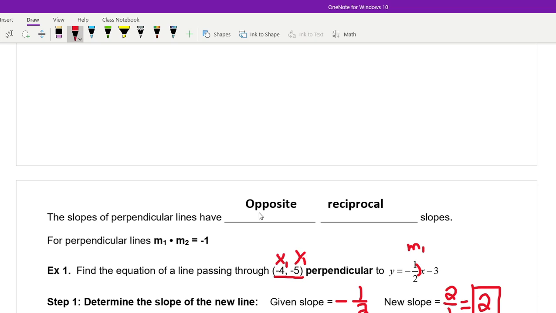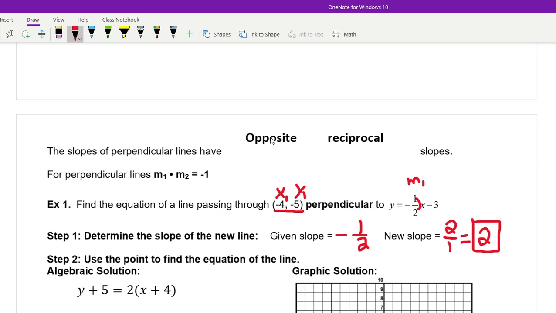This is using the idea of opposite reciprocal, where when we multiply our two slopes together, they should equal -1. Opposite referring to taking our symbol. If it's negative, we make it positive, and then vice versa. If it's positive, we make it negative.